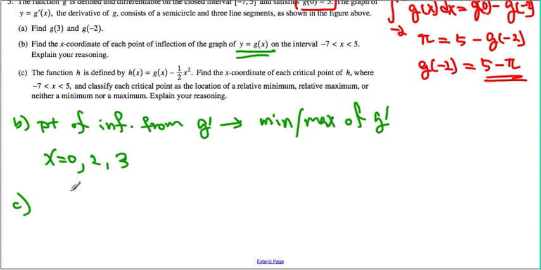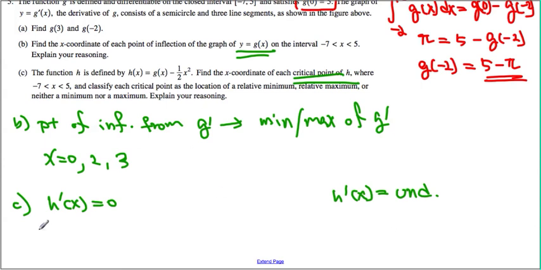Let's look at part C. The function h is defined in this given way. Over here, find the x-coordinate of each critical point. Critical points, basically we have two conditions. When h prime of x is equal to 0, or h prime of x is not defined. So let's look at those two different cases.